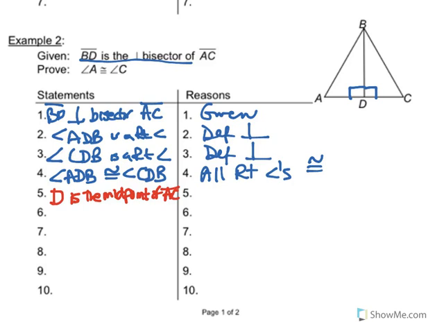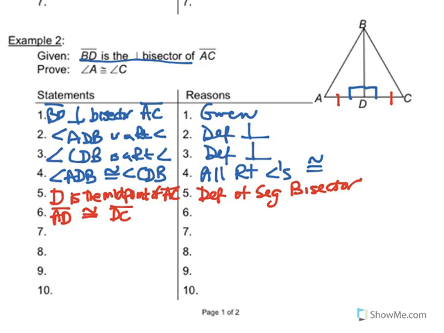How do I know that? Definition of a segment bisector. And now that we know that it's the midpoint, we can say that AD is congruent with DC. And how do I know that? That would be because of definition of a midpoint.